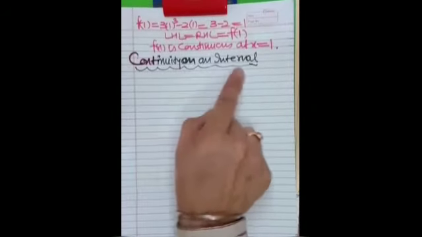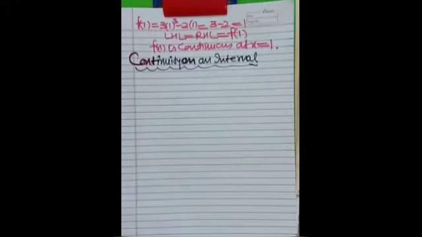Continuity on an interval. In this type of question, no point will be given to you, but the function will be given to you. In dual nature or a single nature, you have to check the continuity of the function on the given interval. Sometimes the teacher may ask the question: find the point of discontinuity.